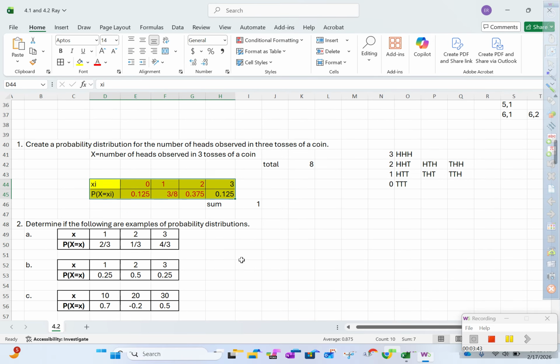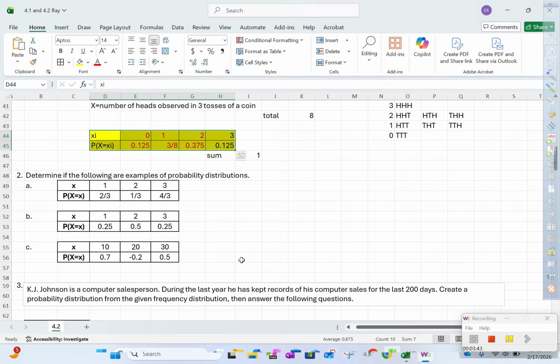Okay, so now what we're going to do is just check with the examples and decide if these are valid probability distributions. So the first thing we're going to check is that the individual probabilities that go with the outcomes are actually valid probabilities themselves. The second thing we'll check is that they sum up to 1.